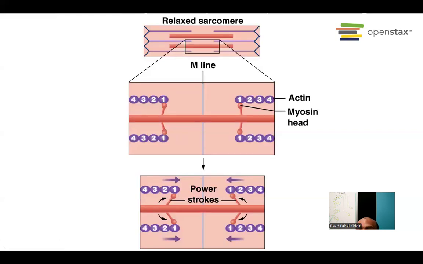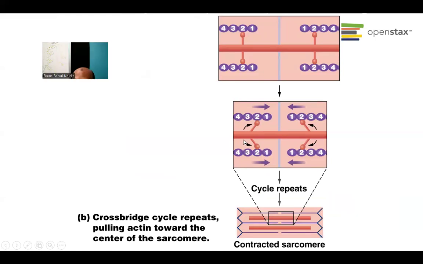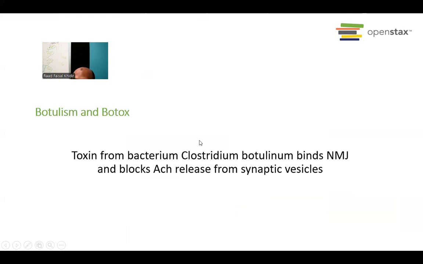You see, that is the relaxed sarcomere. We're moving closer to the M line. The cross-bridge cycle repeats, pulling the actin toward the center of the sarcomere.